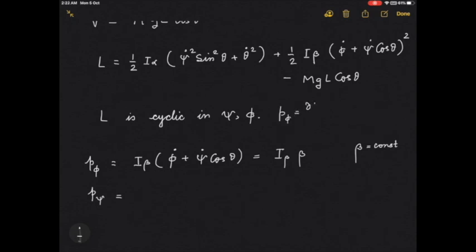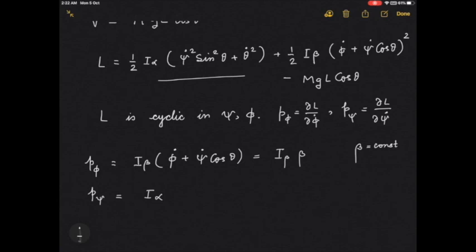Del L del phi dot, and P psi is del L del psi dot. Right? So what is P psi? Del L del psi dot. I get a contribution from this term, which is I alpha. Obviously, when I do the derivative, there is psi dot square, so that will give me 2, which will cancel that half.